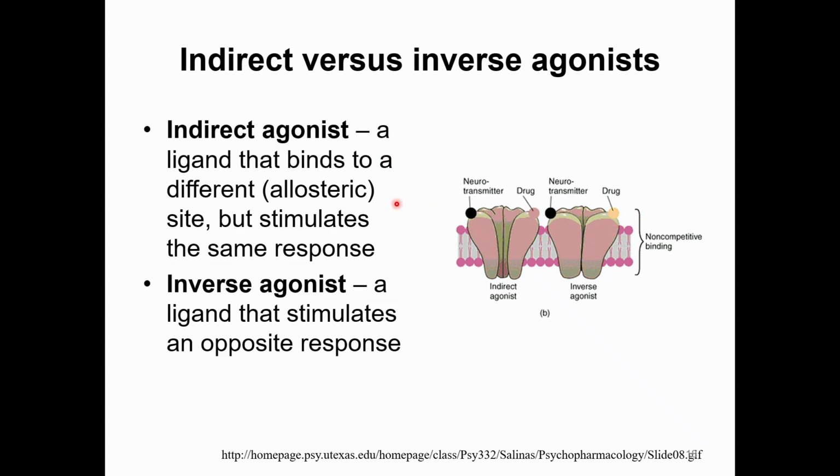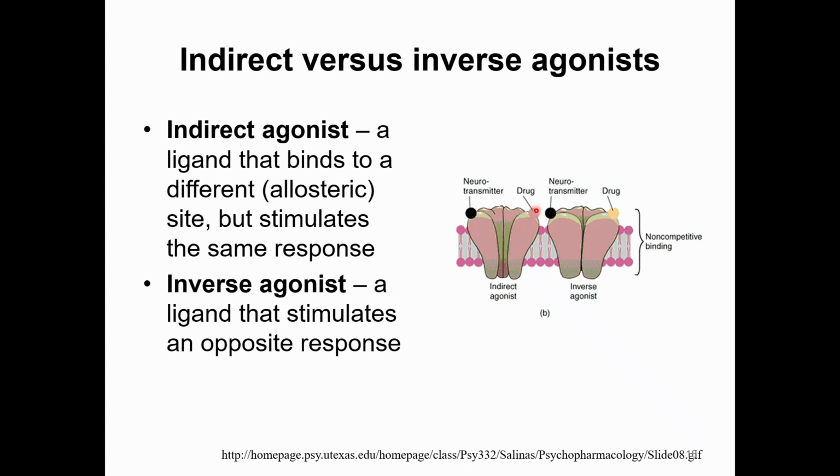In such a situation, we call it an indirect agonist in an allosteric site. Here is an example of a channel that has receptor-like qualities, but when a neurotransmitter binds here, it opens up.